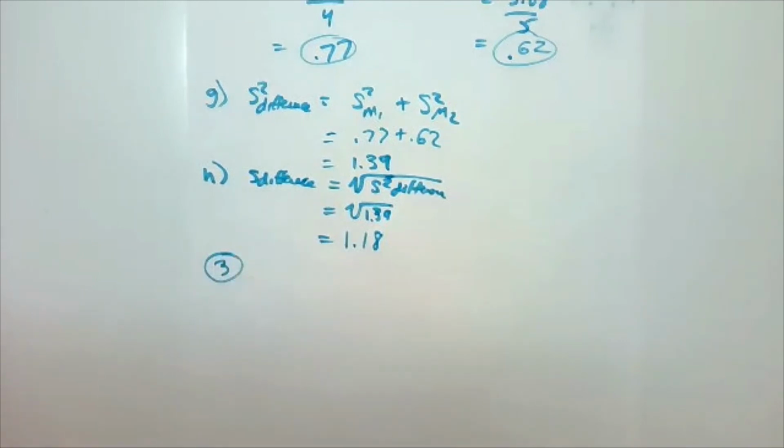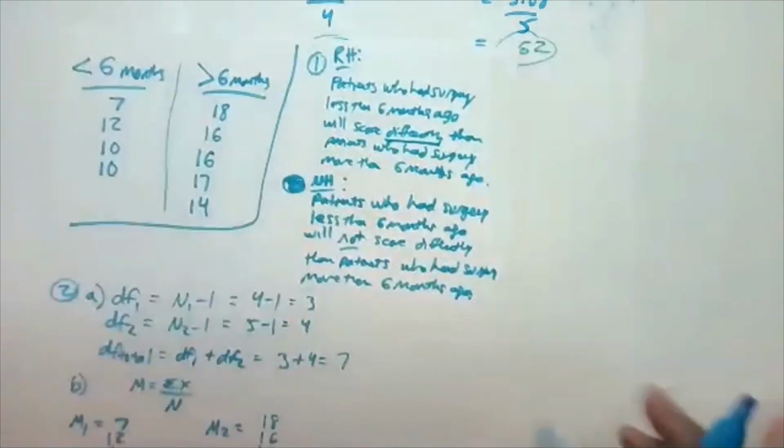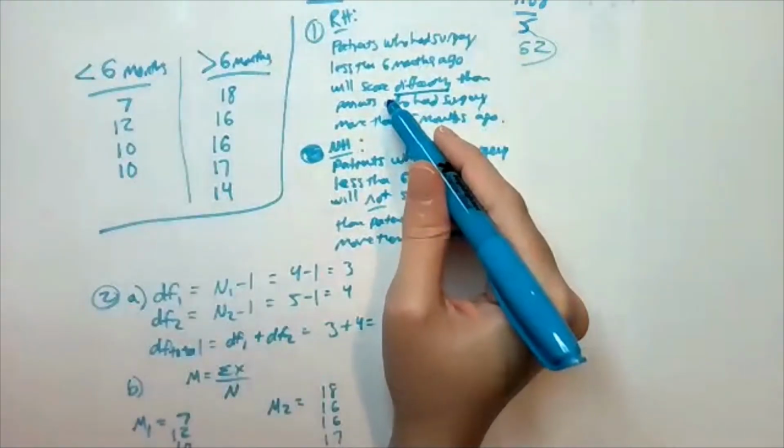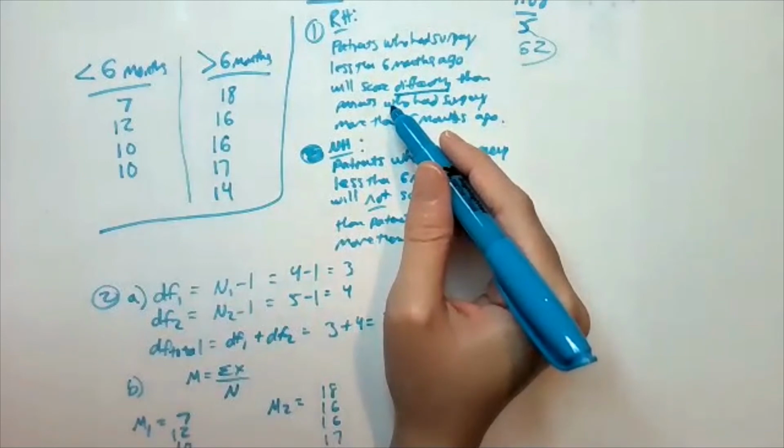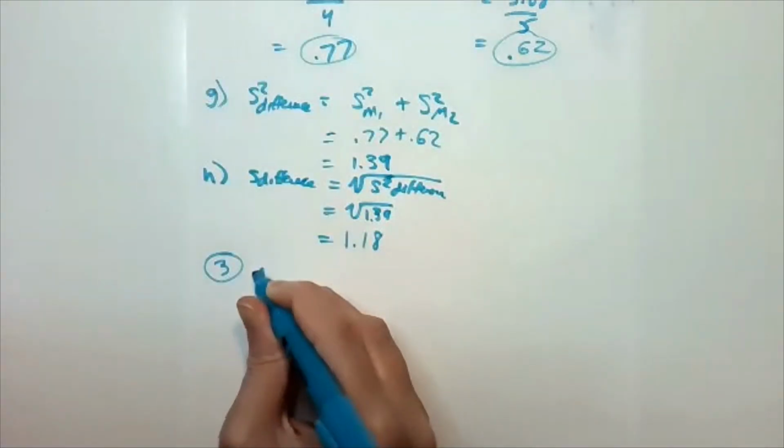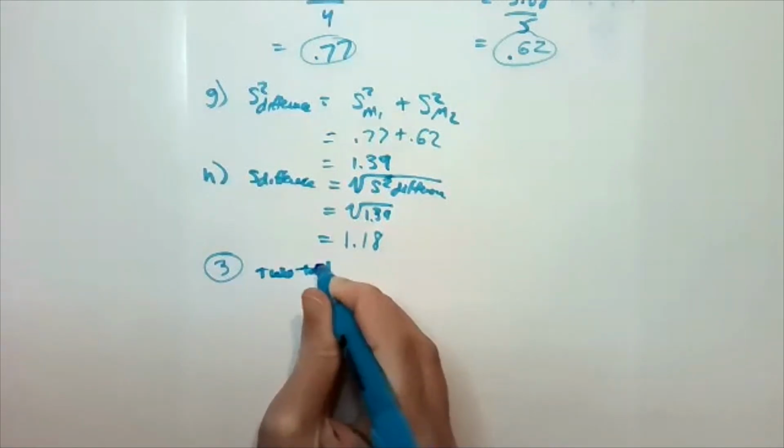And so step 3, we're going to get our cutoff scores for this test. And so if we go back to our original research hypothesis, we can see that here we predicted that these groups will score differently. And so we had a non-directional hypothesis. And so we're going to have a two-tailed test.